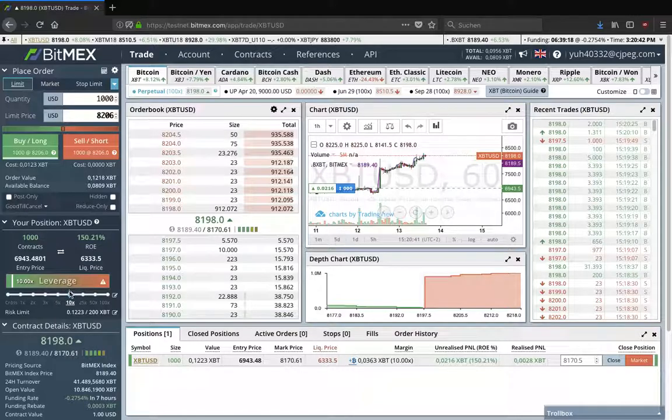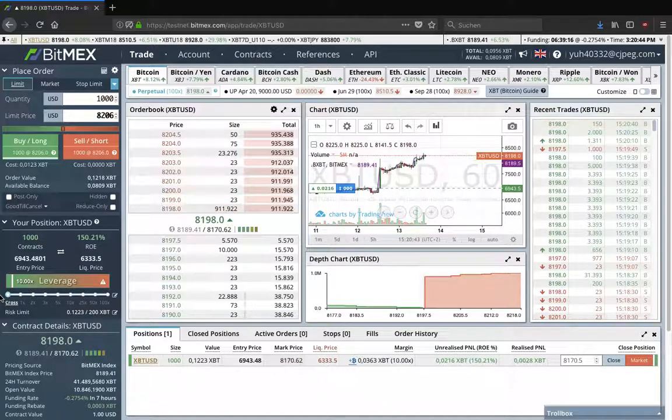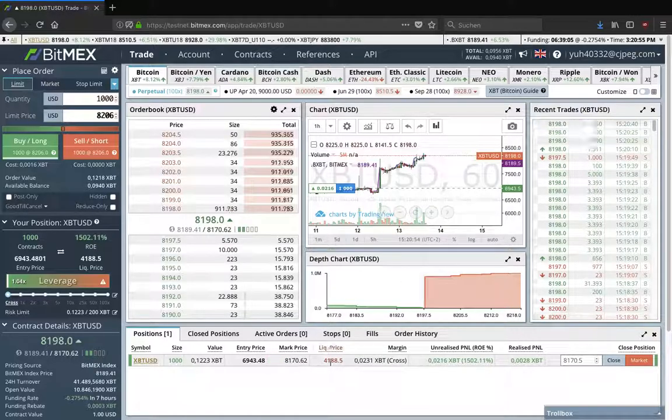So I'm sliding this now to cross margin, and a couple of things happened. My liquidation price just dropped, it's very low now, but that's because I'm now risking my entire balance if this price gets reached. You can see that I'm on cross margin because it says cross here.